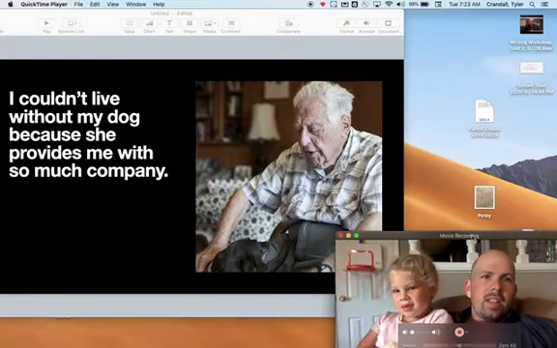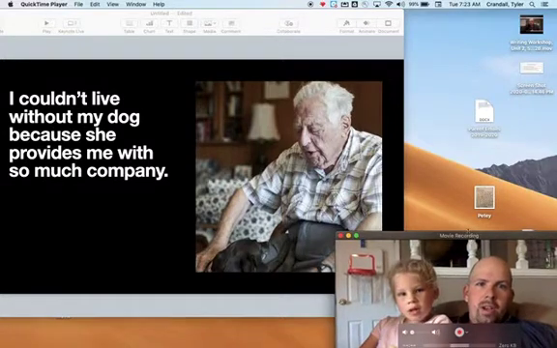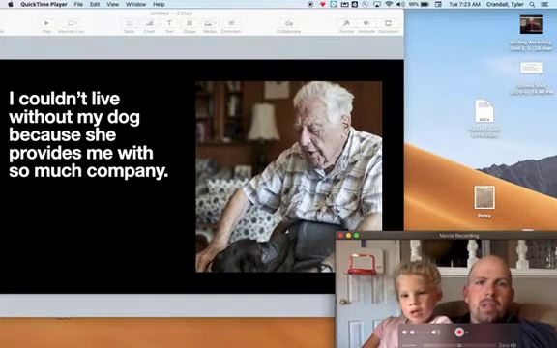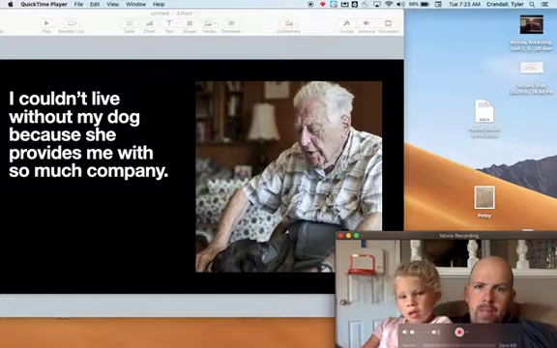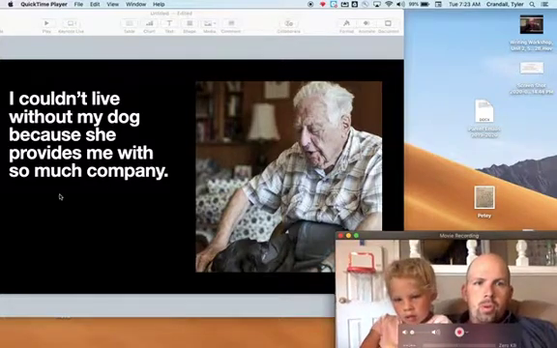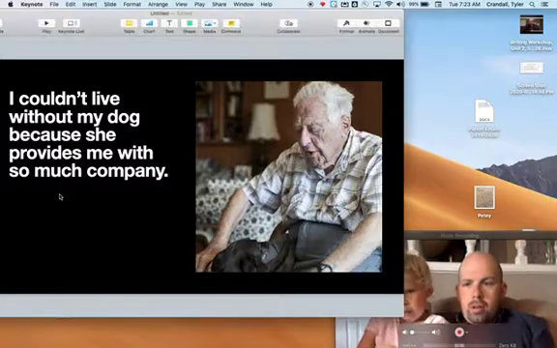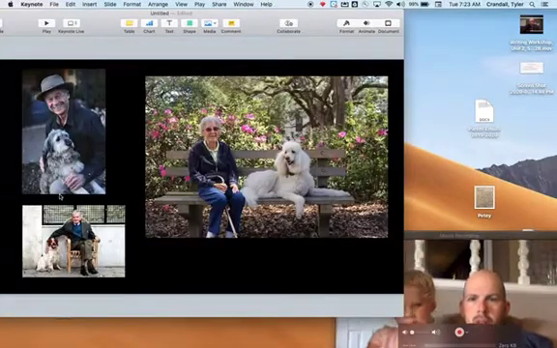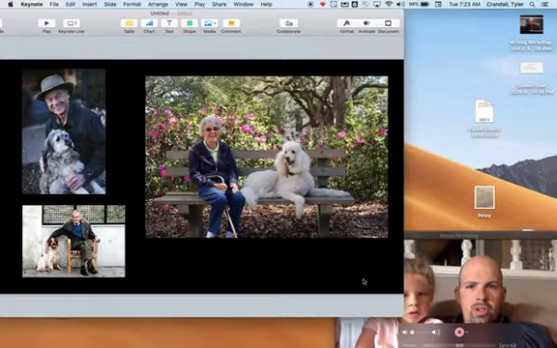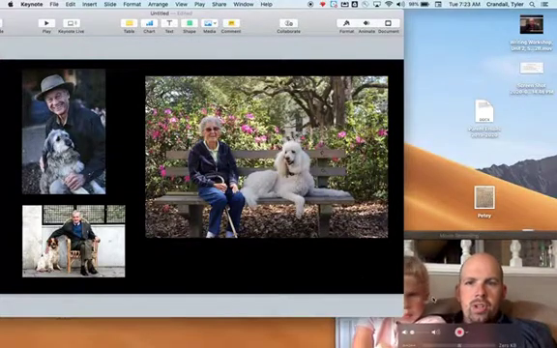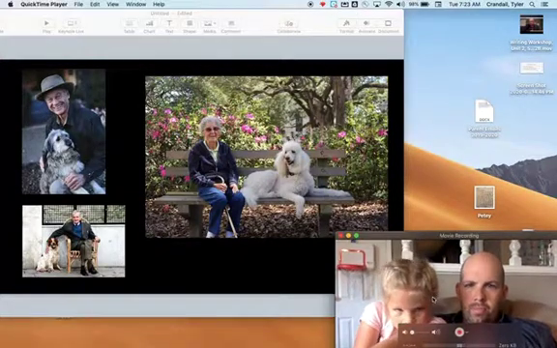Okay, it says, I couldn't live without my dog because she provides me with so much company. Okay, so we see kind of an old man with his dog. Okay, so Nora, looking at these pictures and the one we just saw on the first page, what do you think is the main idea of this book?